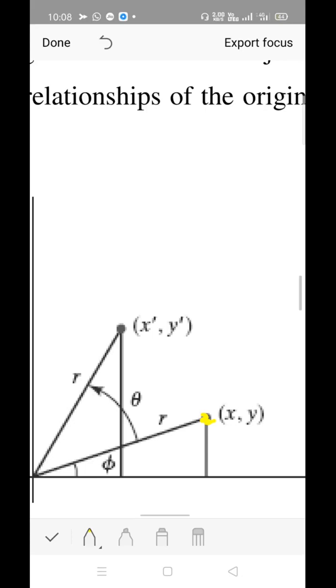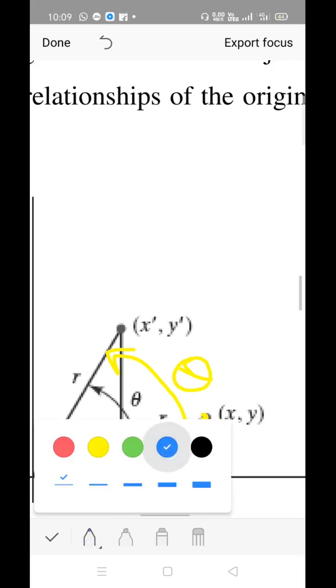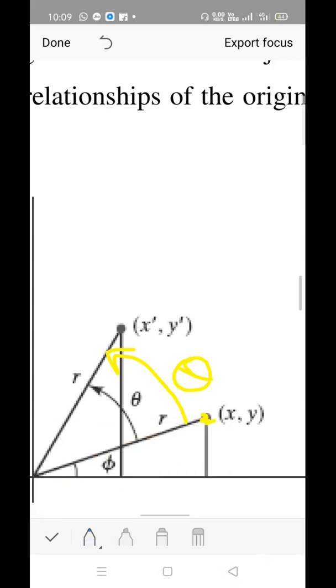So you have rotated the initial point and kept it at which position? At position x dash comma y dash. Check here the thing which I am highlighting, right? This angular displacement is what? From initial to final it will be theta. Now check the other thing. With respect to the x plane, what is the total angular displacement?